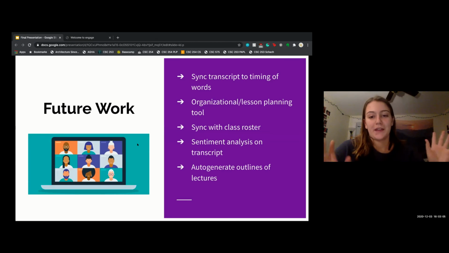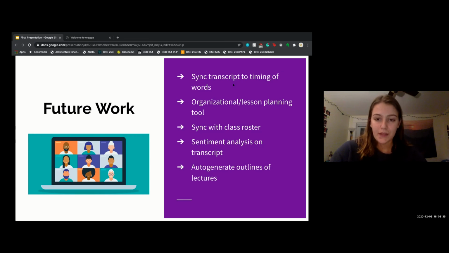But I think part of the problem I ran into was I had a lot of ideas and I should have focused more on one or two things to get more fully functioning instead of pursuing a lot of different things. The main thing that was a bummer was not getting the transcript synced up, because I had the data for that, with the speakers and the start times of the words and everything. But getting that integrated into the UI, I wasn't able to do in the time that we had.